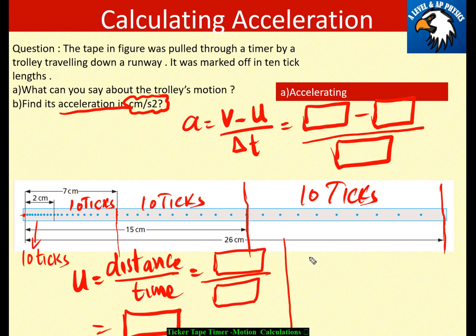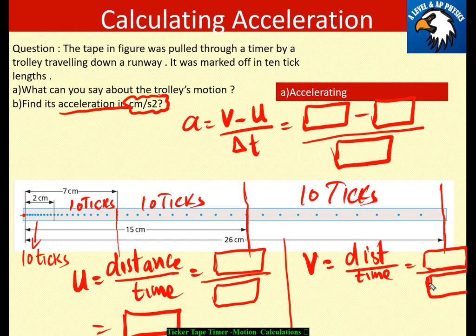In the second part, we need to understand how to calculate velocity. Velocity is also distance or displacement over time, so we need the value of displacement and also the time. Then we will be able to determine velocity. We also need delta t, but we will do delta t later.